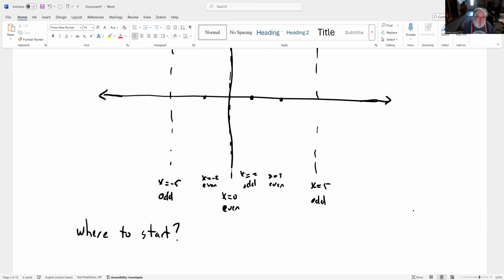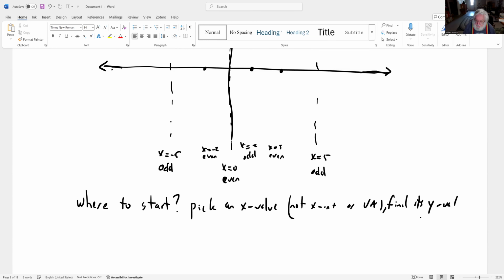Well, pick a point. Pick an x value that's not an x-intercept or a vertical asymptote and find its y value. And that will tell us where the function is at one point.